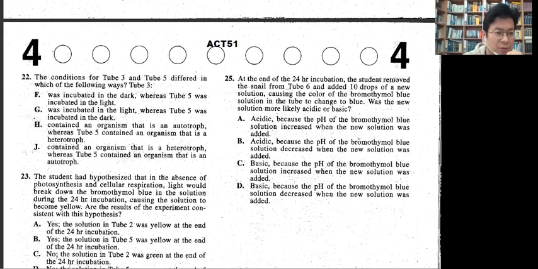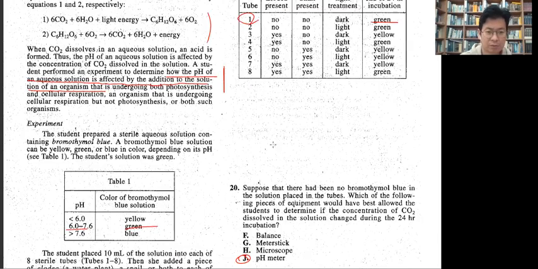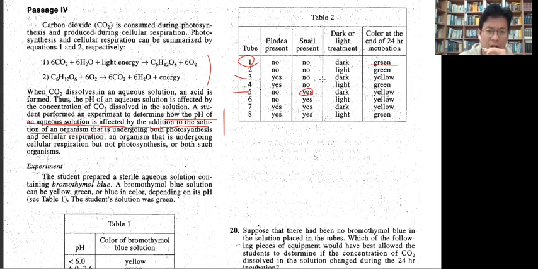22, conditions for tube 3 and 5 differ in which of the following ways? Tube 3 and 5, no, no, no, yes, so this is the difference. Snail presence is the one that we see, and then also light is darker or light.